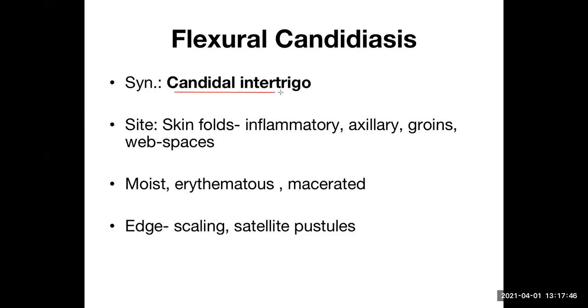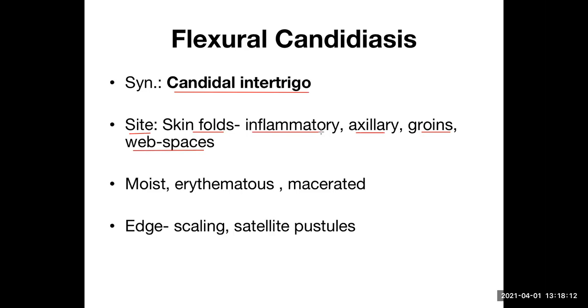So see there, intertrigo. The common sites for this candidal intertrigo are skin folds like the axilla, groin, and the web space. Not only them, some inflammatory skin folds too. For example, there is inflammation going on the surface of the skin, and that has led to edema formation or swelling of the skin.